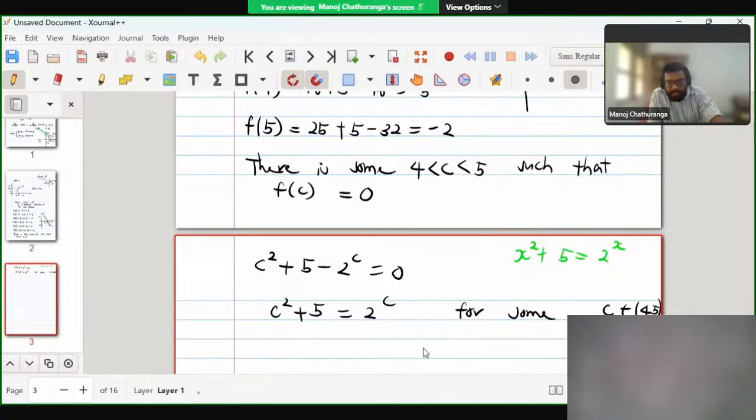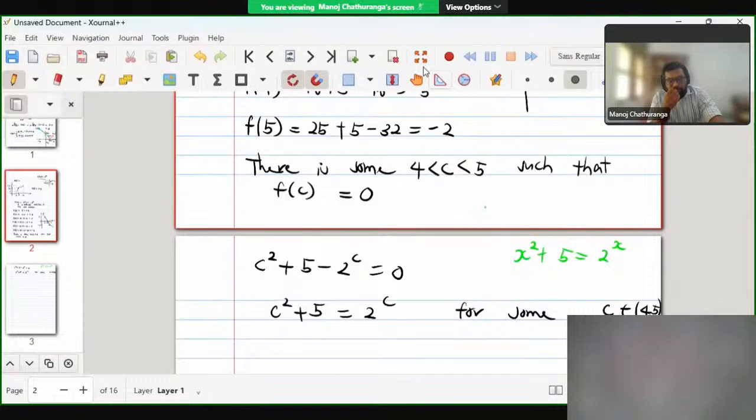And even modern computers and modern calculators use this approach to solve these kind of unsolvable equations. Not unsolvable, but difficult equations to solve using elementary methods.